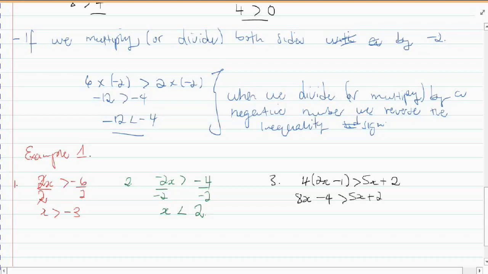During transposing, the inequality sign doesn't change. So we transpose 5x to become minus 5x, and also transpose 4 to end up with 2 plus 4. Since we have like terms, 8 minus 5 gives 3x bigger than 2 plus 4, which is 6.